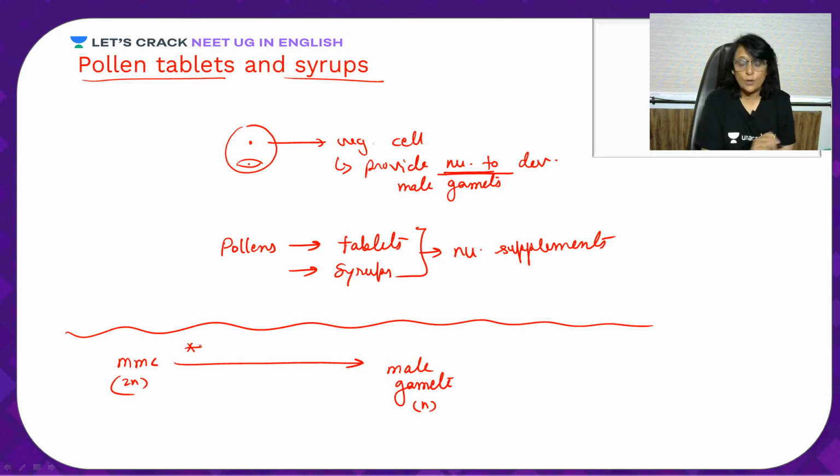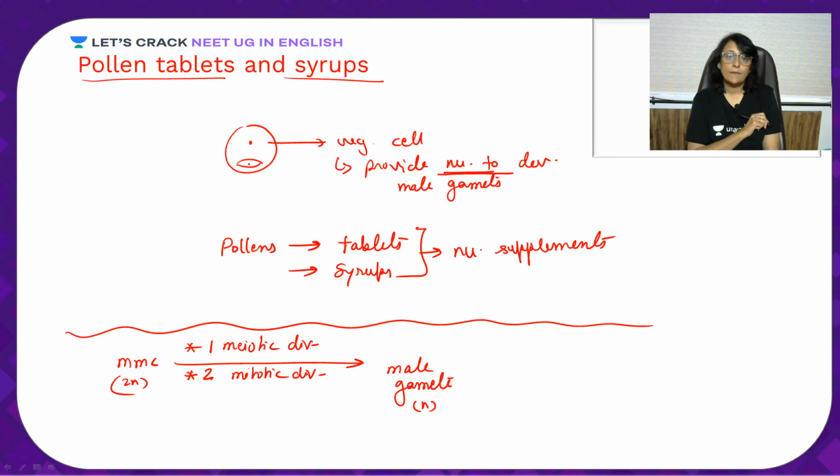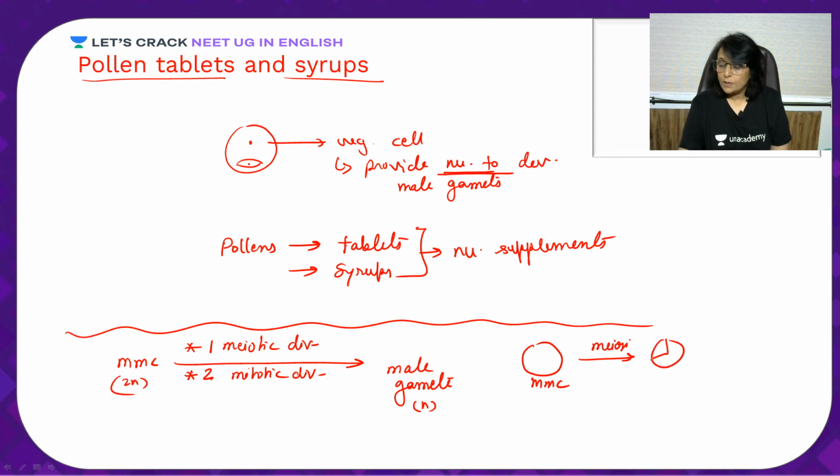Our answer is going to be 1 meiotic division and 2 mitotic divisions, right? Because microspore mother cell, meiosis, we got the microspore tetrad or the microspore haploid.